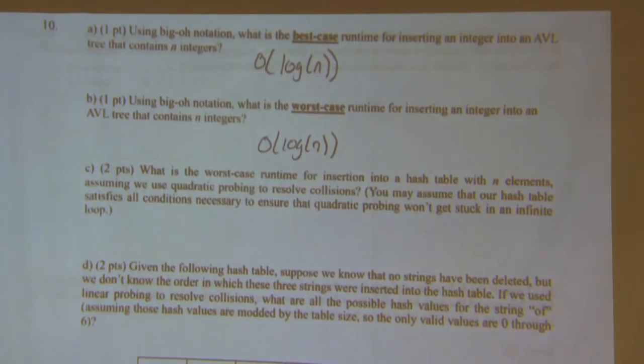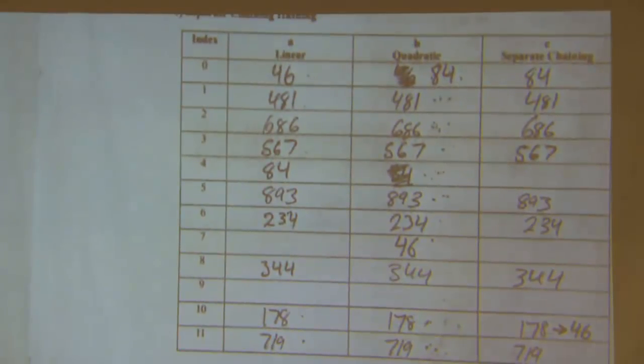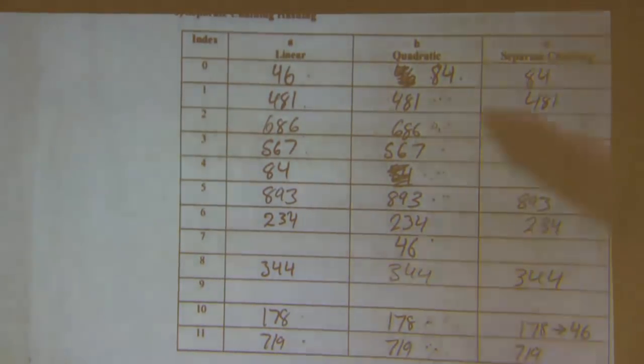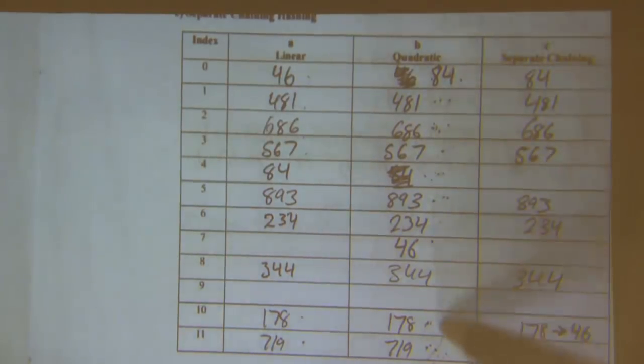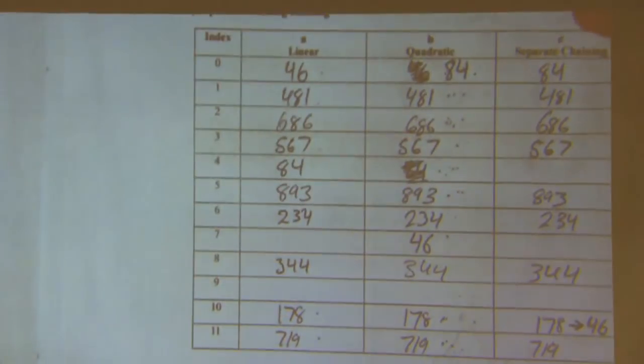So if we're doing quadratic probing on a table that looks like this, what are our runtimes probably going to be if we're trying to insert into that one specific spot? Yeah, about order n. And so that'll be the worst case.